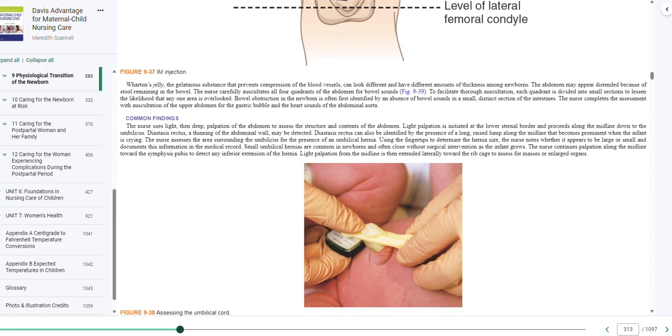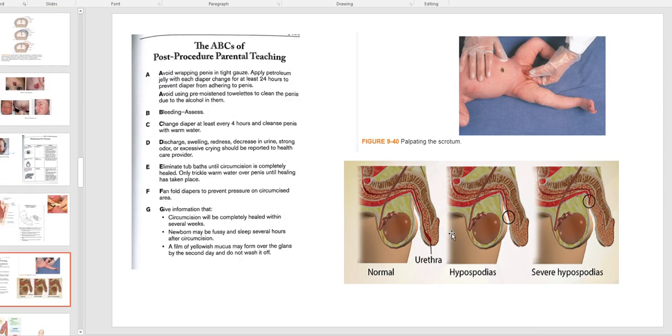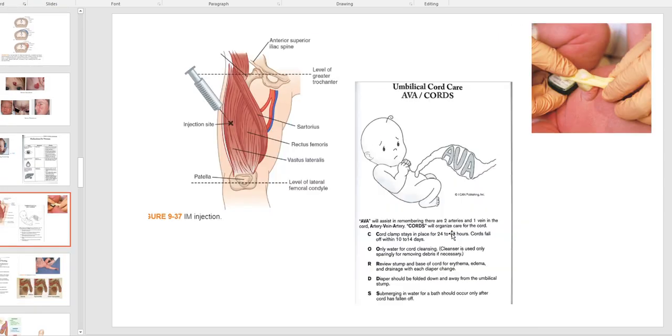Alright. Is there anything else over here I wanted you to look at? Cords. Alright, let's talk about cords for a second. It's in your book somewhere, but I want you to look at this. So AVA cords: artery, vein, artery.